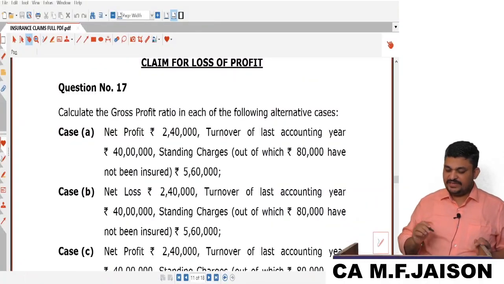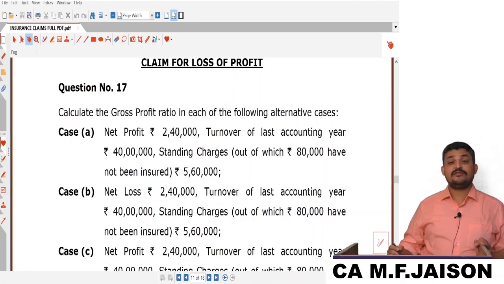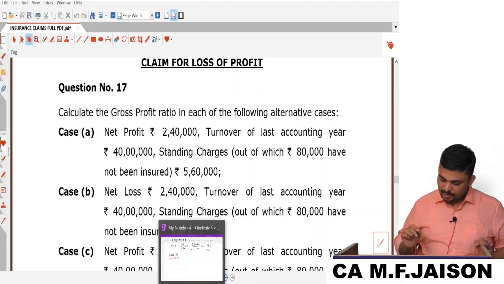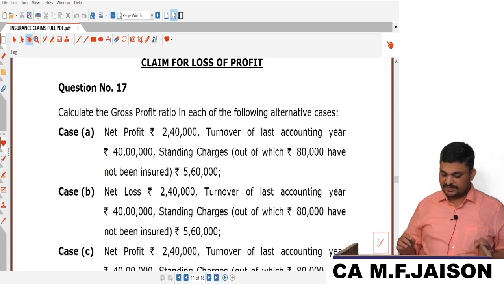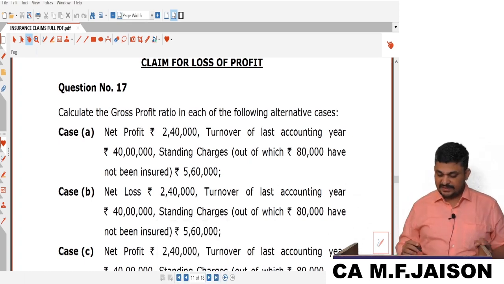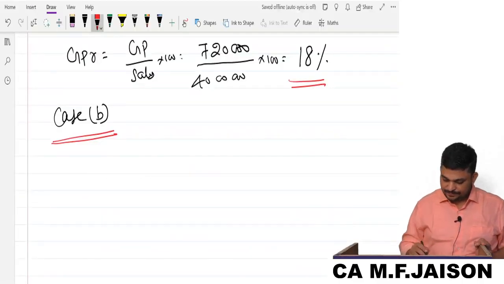As far as case B is concerned, it is given net loss. Turnover is 40 lakhs, standing charge 80,000 and 5 lakh 60. All other things remain the same. It is a net loss of 2,40,000.